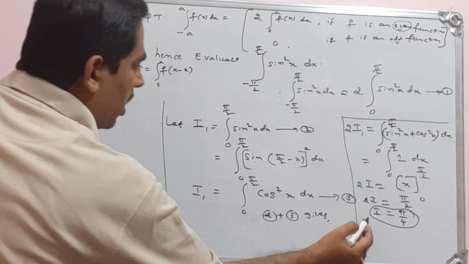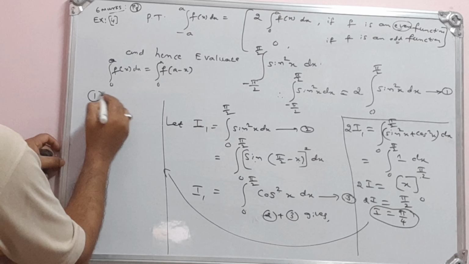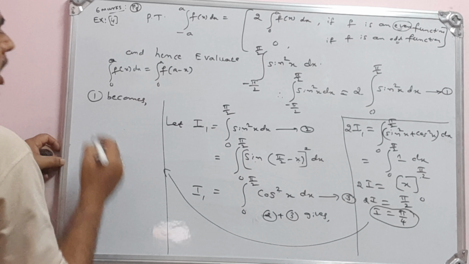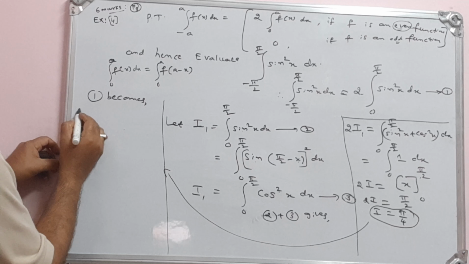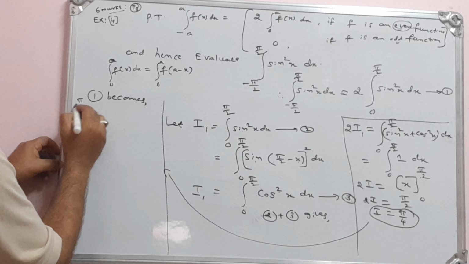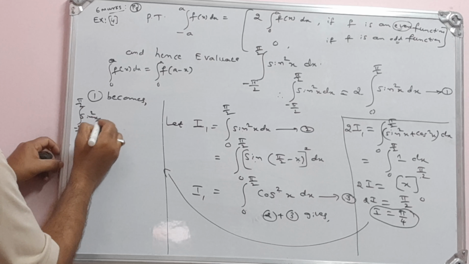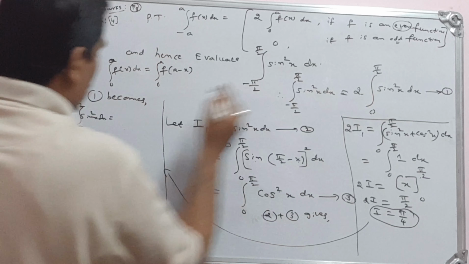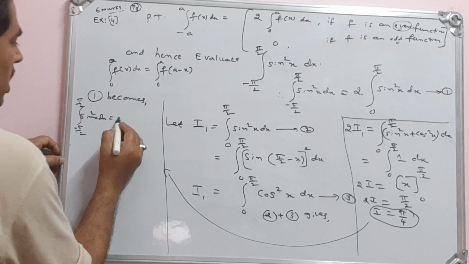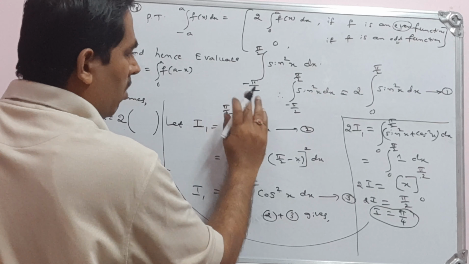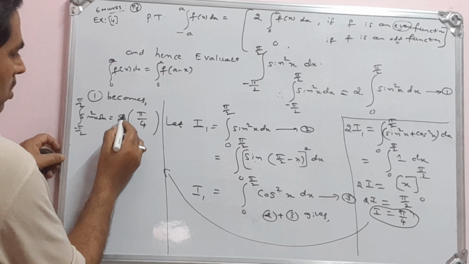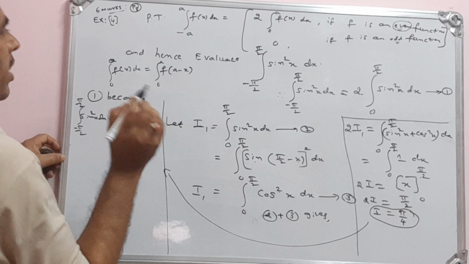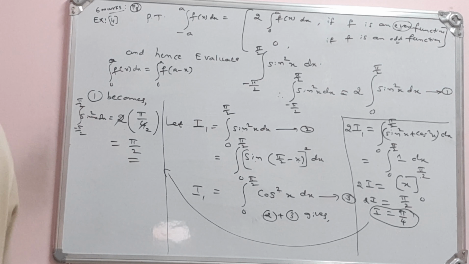Equation 1 becomes, this was the given problem: integral from minus pi by 2 to pi by 2 of sin square x with respect to x is equal to 2 times this integral, and the answer for this is pi by 4. So 2 times pi by 4, 2 ones are 2, 2 twos are 4. So my answer is pi by 2.